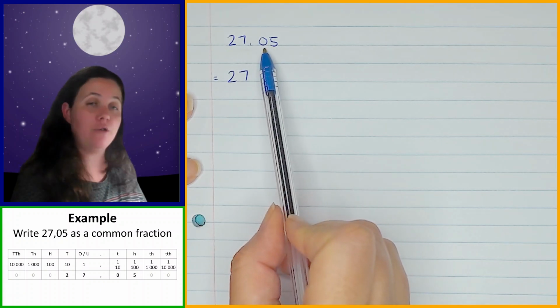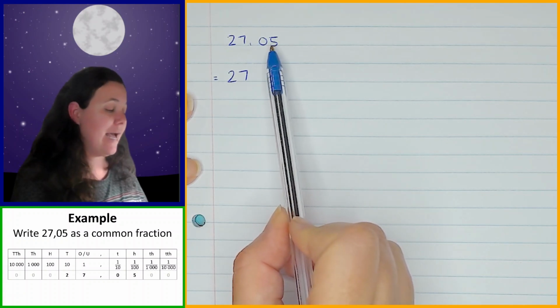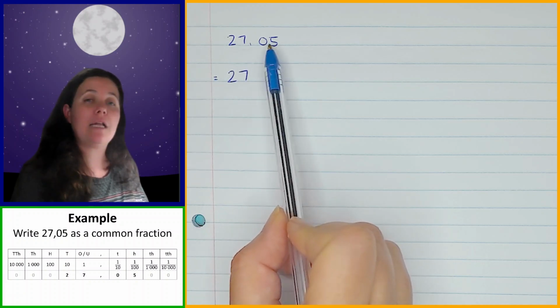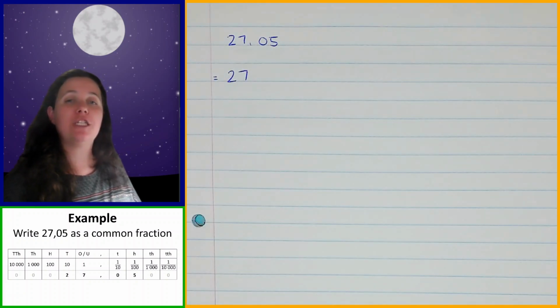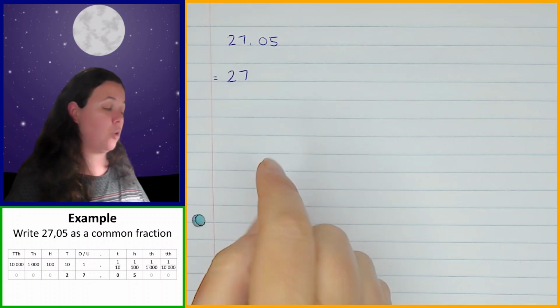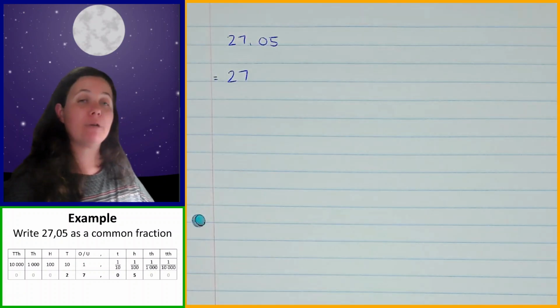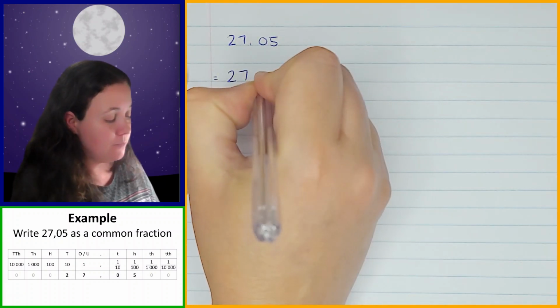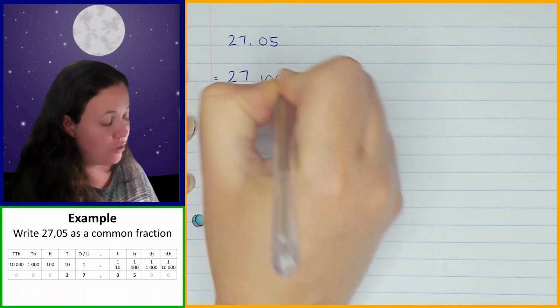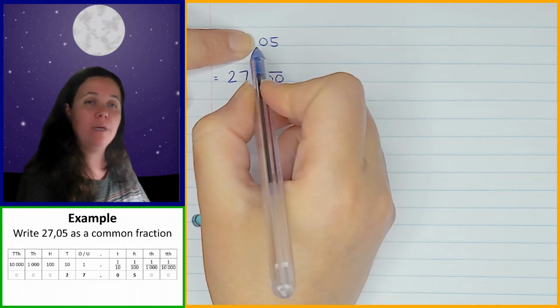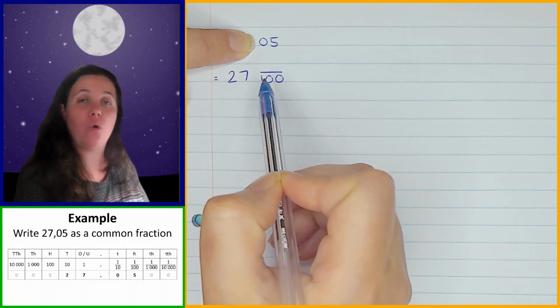Over here the 0 is 0 tenths and the 5 is 5 hundredths. You need to look at the digit that is the furthest to the right and what position it is in. The 5 is in the hundredths position, so I'm going to be working with hundredths. So I'm going to write my fraction as something over 100, and then I'm going to write whatever I've got after the comma as a number over 100.